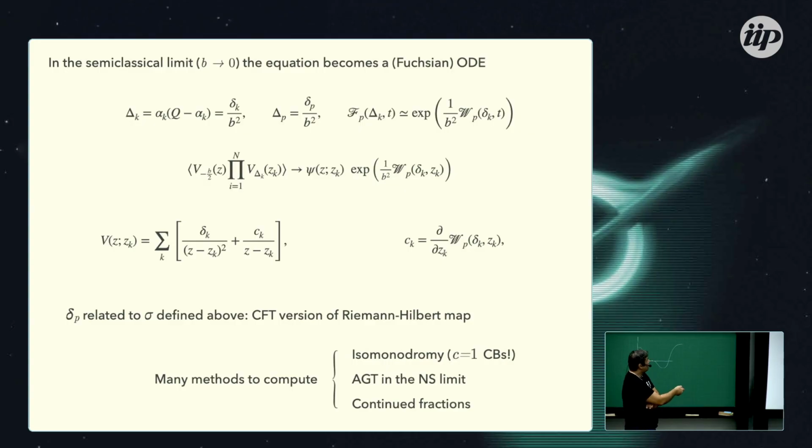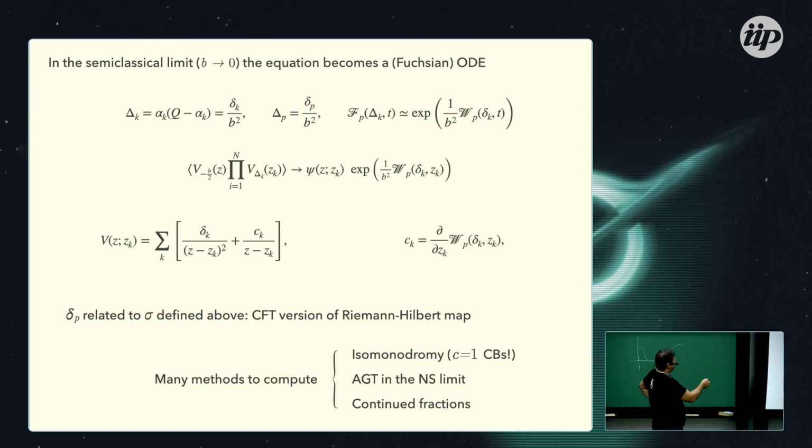So on physical grounds, you expect to have some background set by these heavy operators, and then some fluctuations around this given by the light operator. So this is a sort of wave function, and this would be the classical action which has this form.